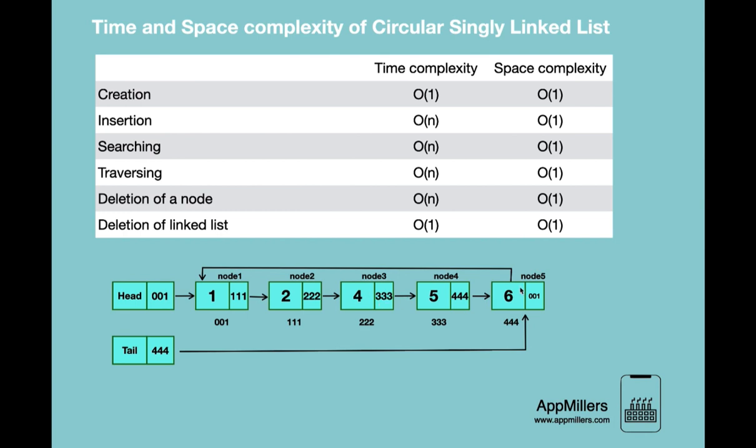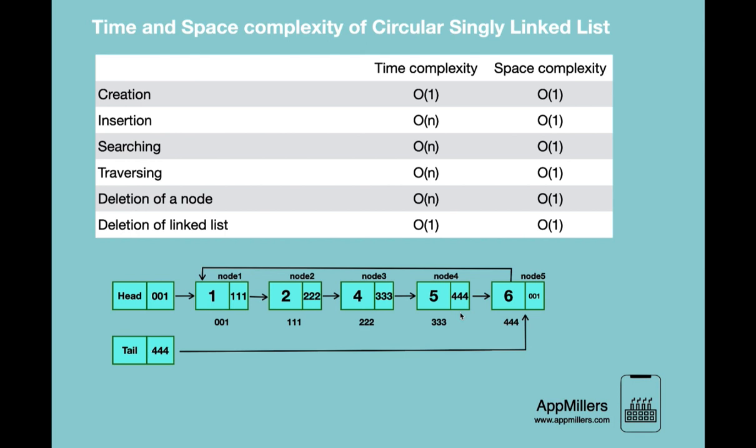But when it comes to the middle and the end, it takes O(n) time complexity because each time we have to traverse through the list until we reach the node located before the node that we want to delete. For example, to delete the last node, we have to traverse from the beginning until we reach the node before the last node. So this takes O(n) time complexity. The space complexity here is also O(1) because we are just deleting an element.